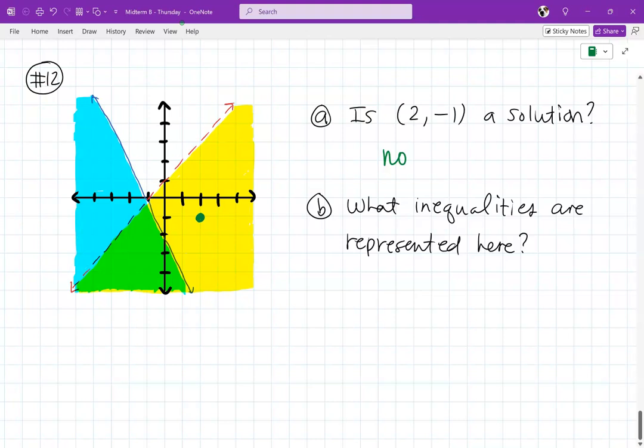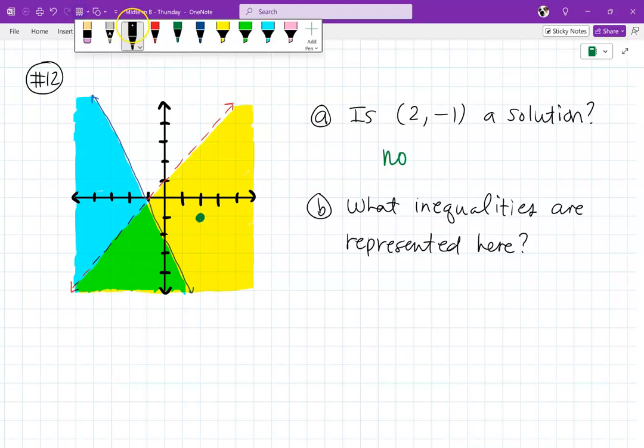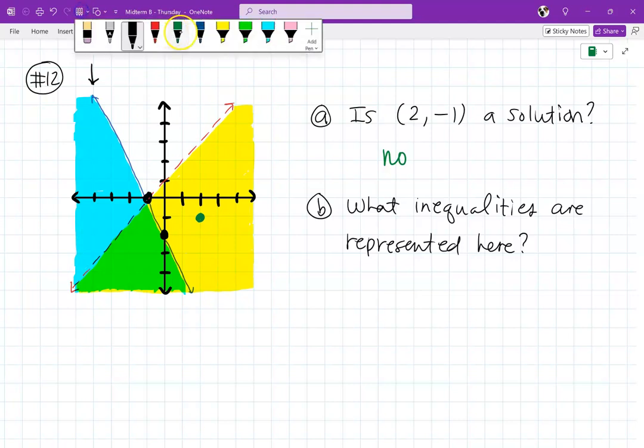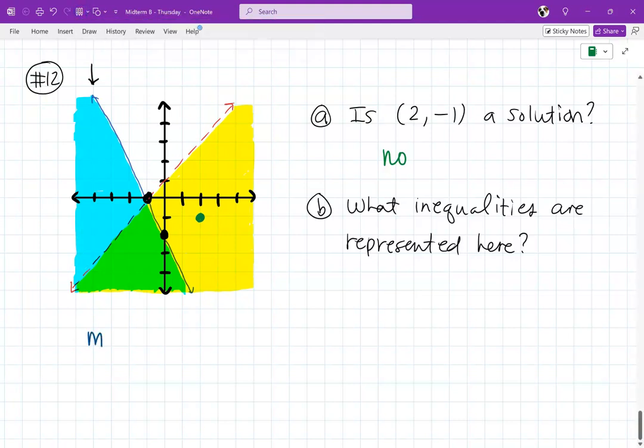Okay? Now, the next part says, what inequalities are represented here? That means you're going to have to write the equations. Okay? So here we go. Let me use this point right here for this blue line, and this point right there. For this blue line, I need m and b. b is -2.